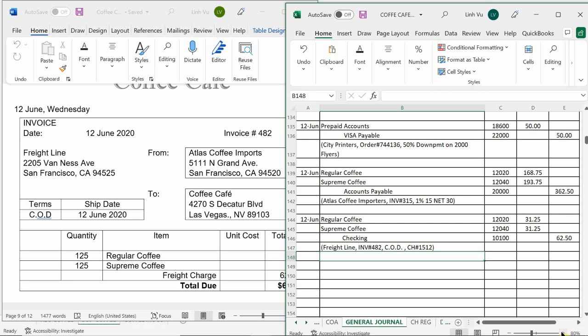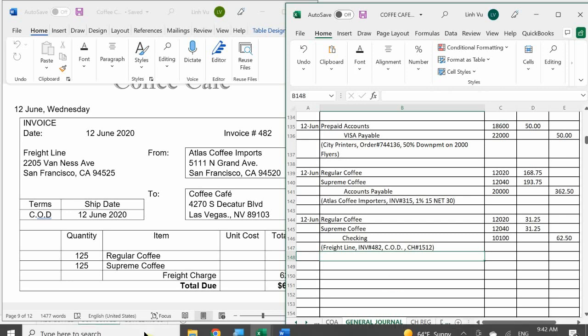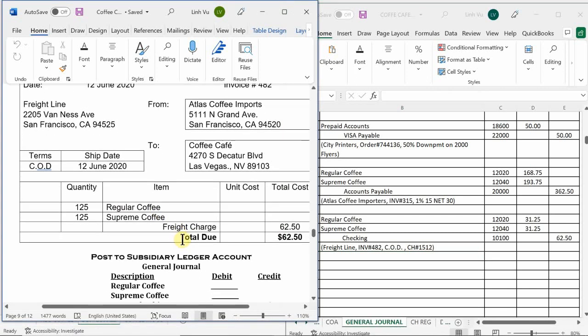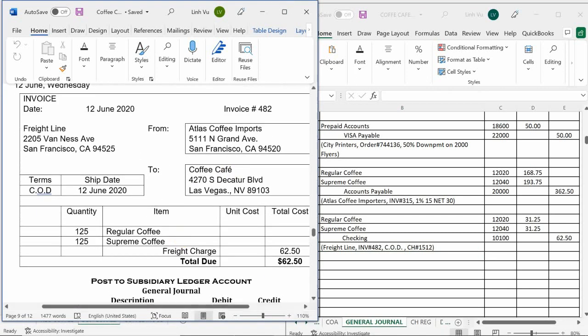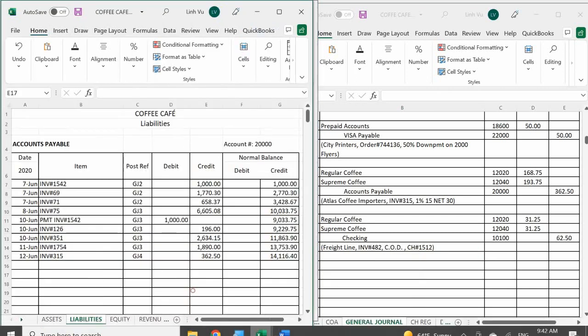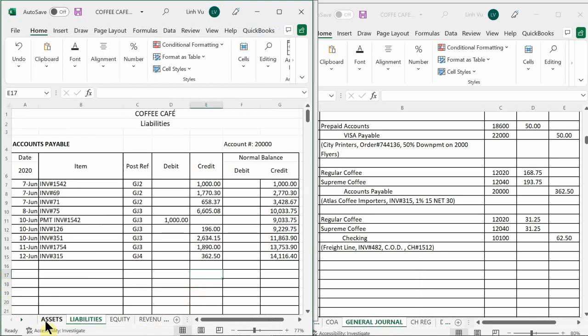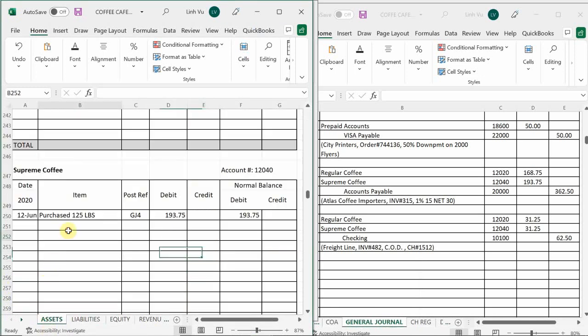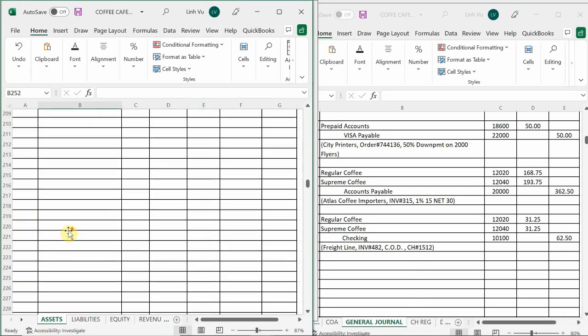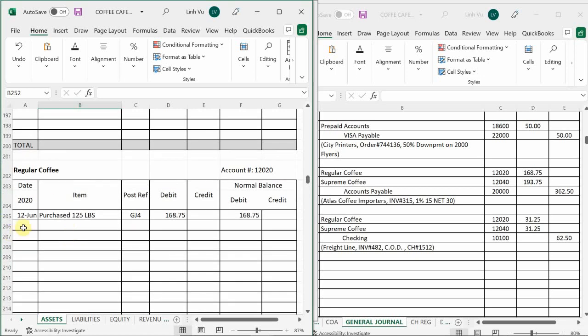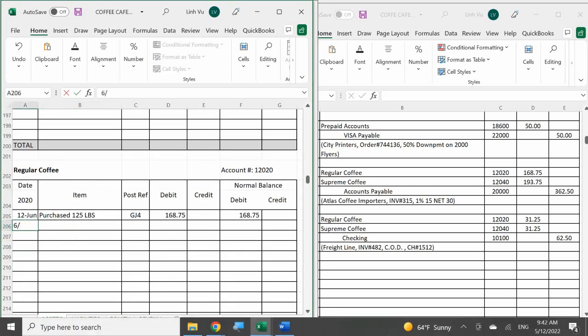All right. So now that I have my delivery charges, let's go ahead and update my ledger account. In this case, we're gonna tap into each inventory account here. So let's see, 612. We had some shipping cost.